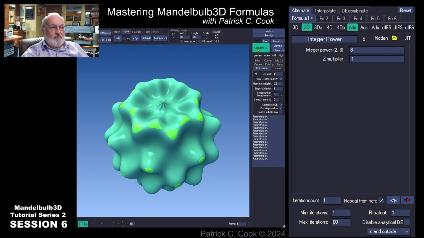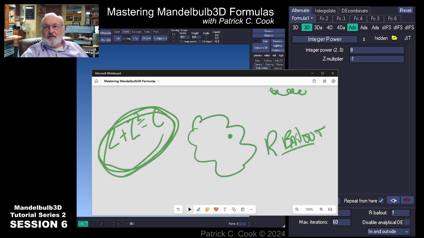Very interesting. Okay, so what I've done here is I've created an R bailout that is so low that, let's get our whiteboard back up here. Take a look at that. You'll see here that with an R bailout of 1, which is what I just put in there, it's very, very fuzzy.